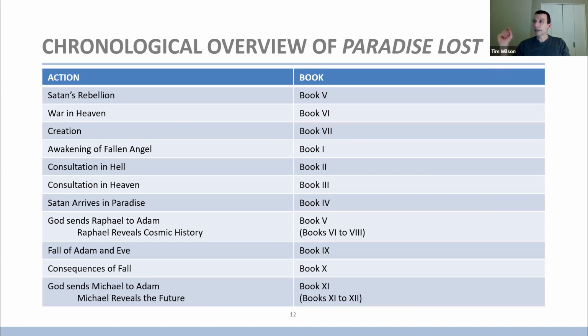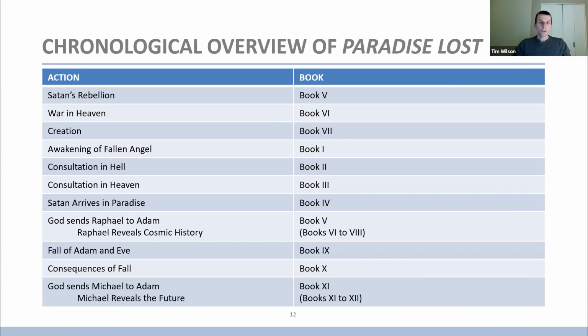And they say, well, I heard there's been a new world created, and maybe we could go and destroy that and take over that world. So Satan is sent off on this kind of conquering or colonizing mission, akin to the mission of a colonizer. And he arrives in paradise, the Garden of Eden, in book 4.